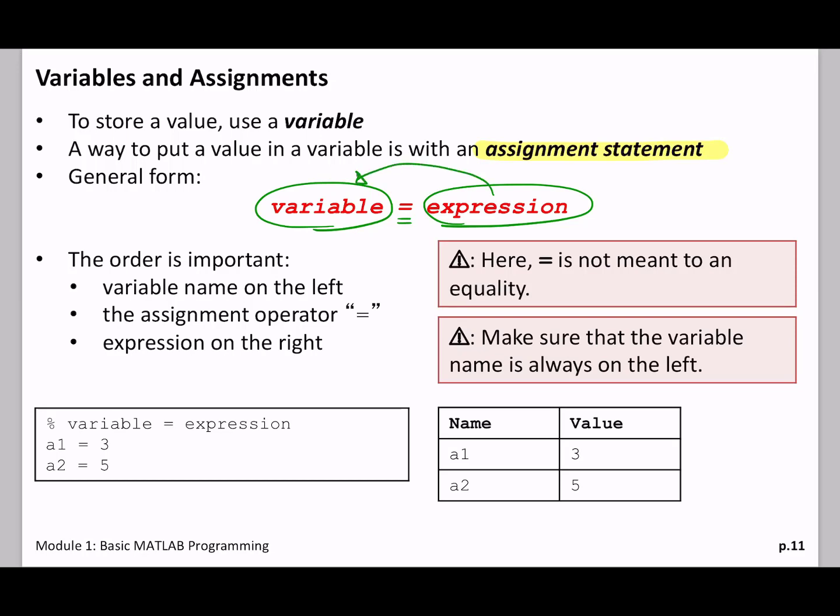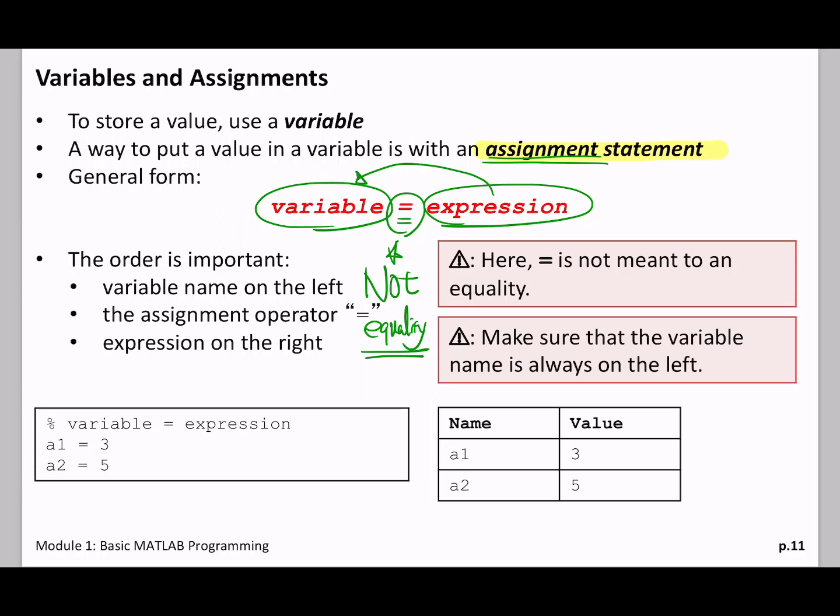So this equal sign is not equality. Okay? You can consider this equal sign as assignment. I'm telling you that more than 10% of students make this mistake in the exam, in our course quizzes.